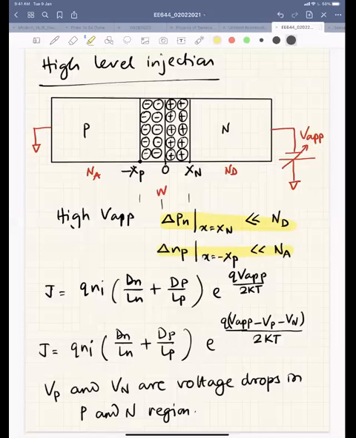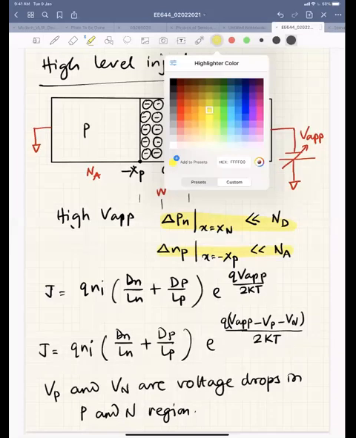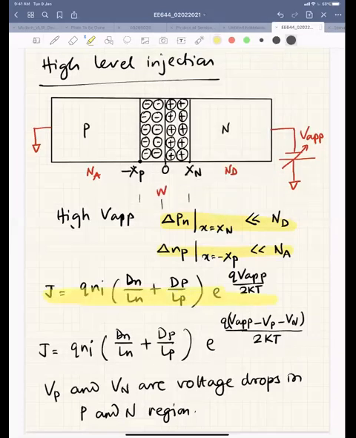So the total current is electron current plus hole current, and this is my equation. The only difference here is that we have a q ni square there.